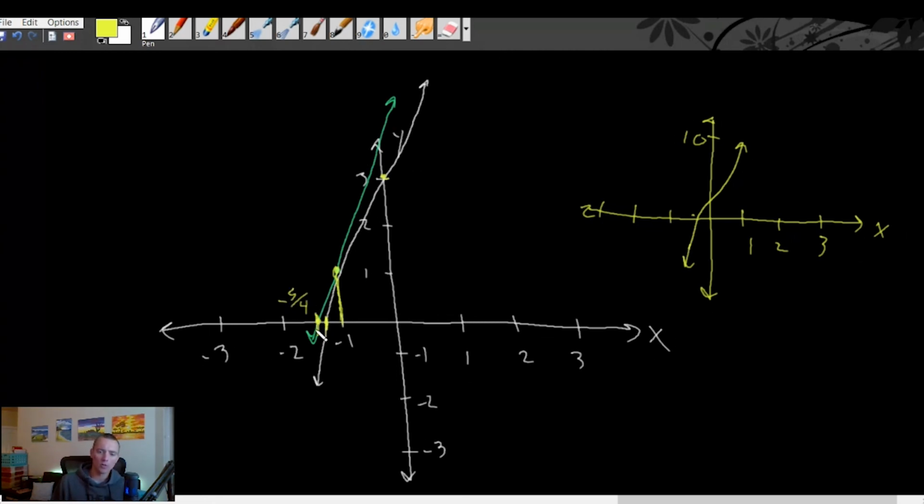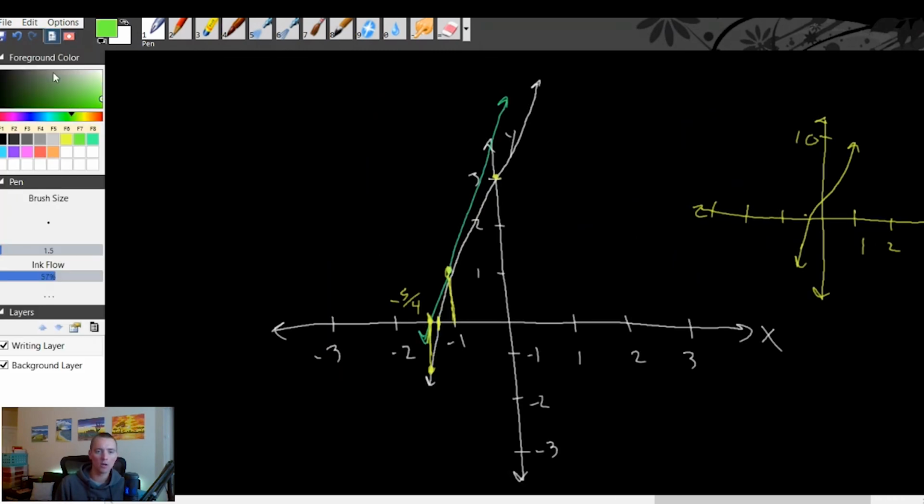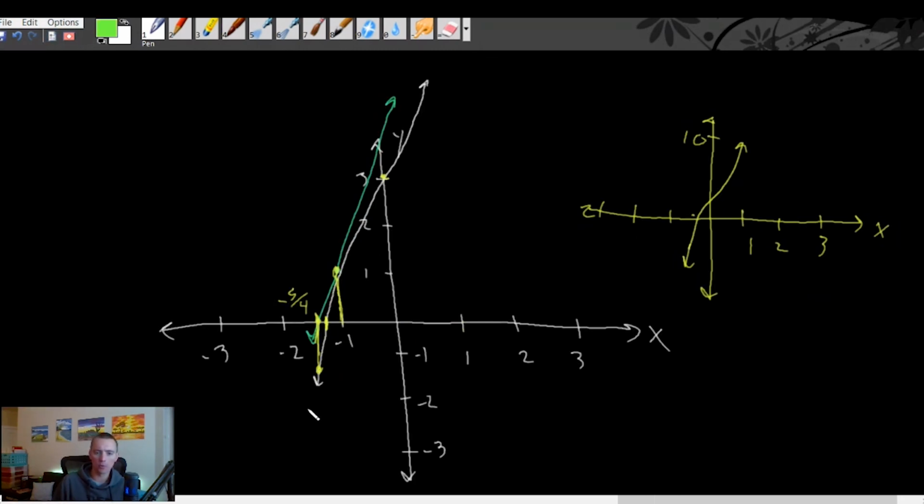Now, if we were to then consider our next estimate, what we would do is go from this spot here on our x-axis down to our function, and then do the same thing again there. We would draw a new tangent line from this point down here and see where that intersects with our x-axis.